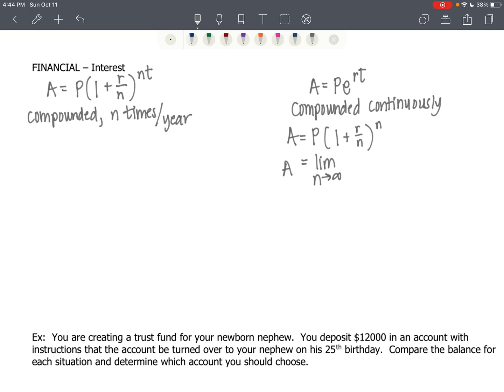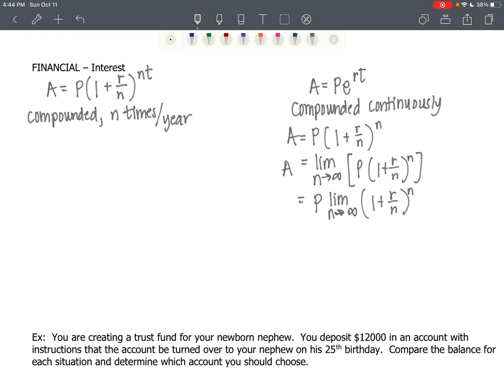So we're looking at the limit as N approaches infinity of P times 1 plus R over N raised to the nth power. Now P is a constant, it's a multiplier, it's a scalar. So I can take that scalar out in front of the limit. And now I just have 1 plus R over N raised to the nth power.